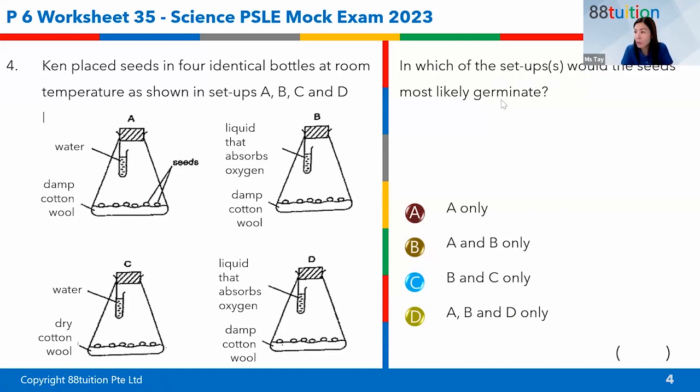So you want to see germination, you need certain factors, right? In order for seeds to germinate. Yep. Thank you, Nikki. Wow, factors. So what are the factors? You need water. You need oxygen. You need warmth. Okay, we also call it suitable temperature.